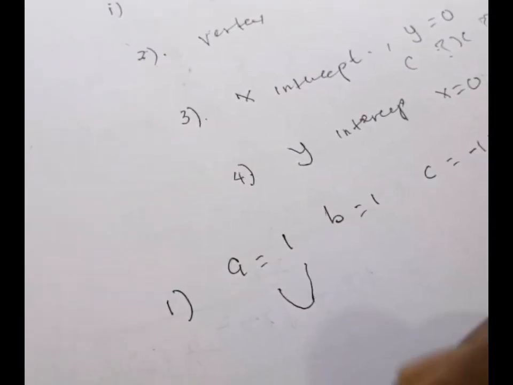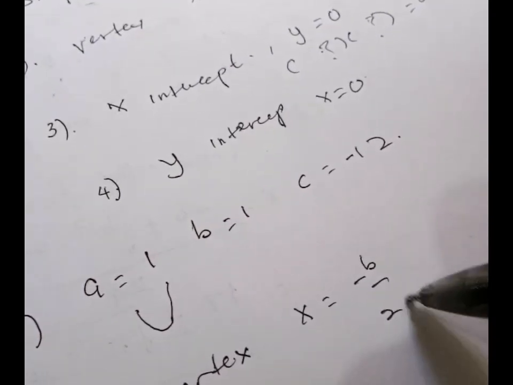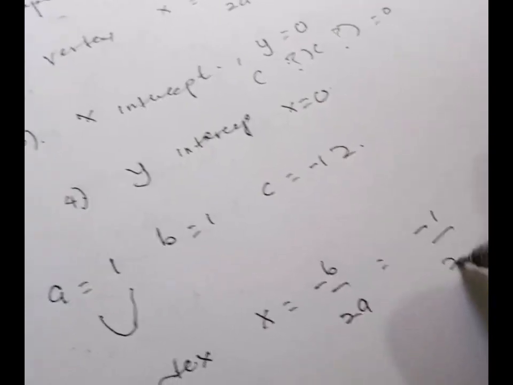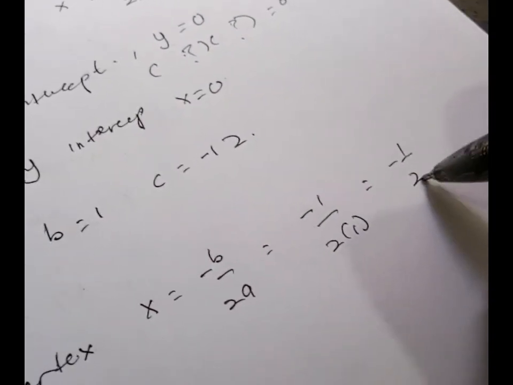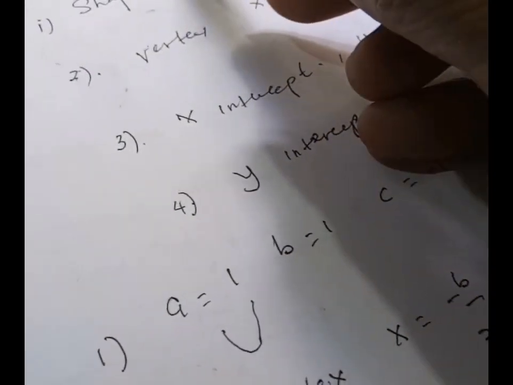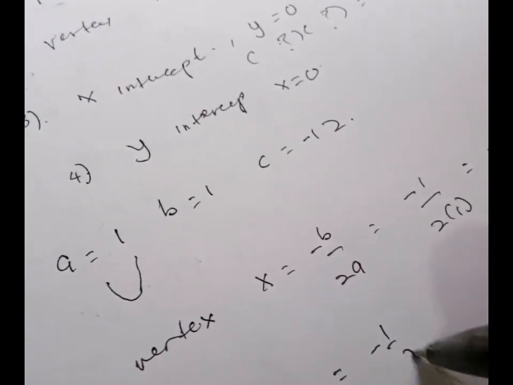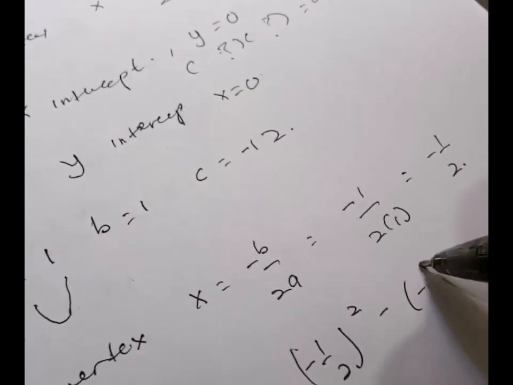Number 2, vertex. The vertex x equals minus b over 2a, which is minus 1 over 2 times 1, so the answer is negative half. Now find the y by substituting x. y is negative half squared plus negative half minus 12.